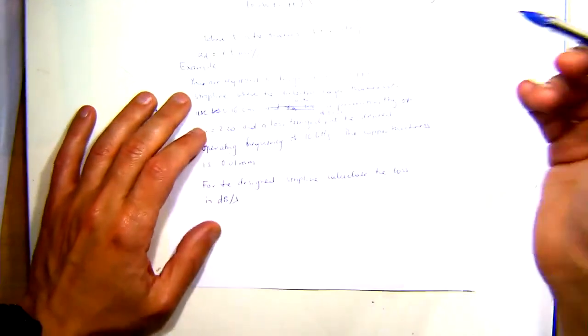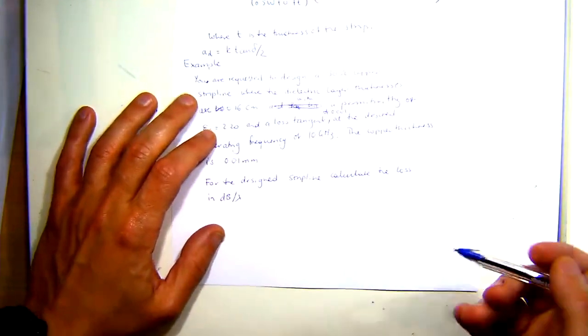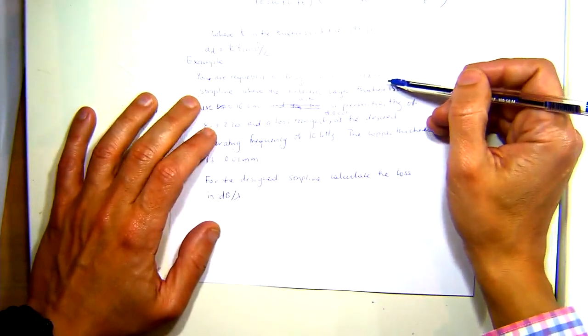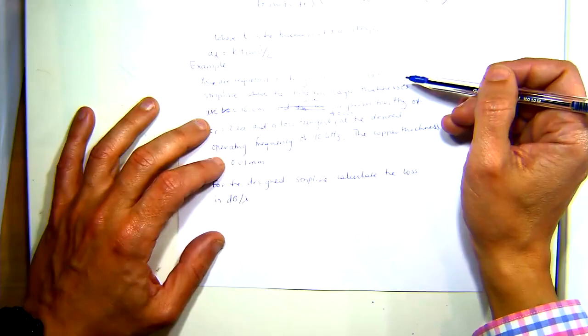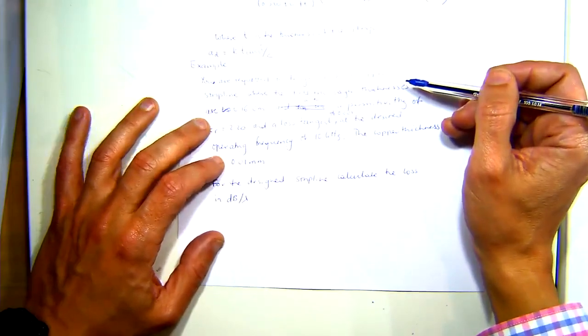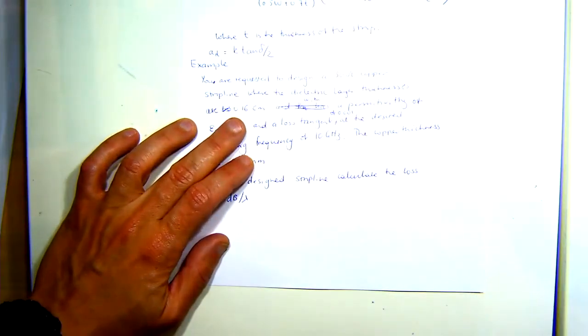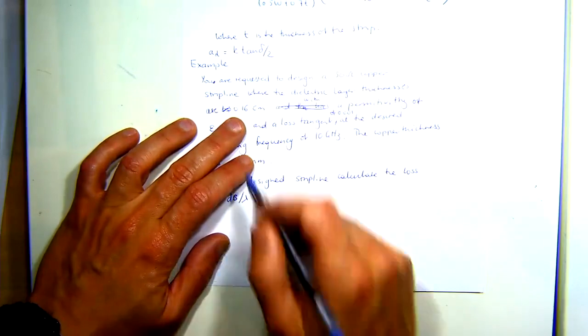Someone says to you, and it might be an exam question, I want you to build me a 50 ohm copper stripline, and the layer thickness is 0.16 centimeters.